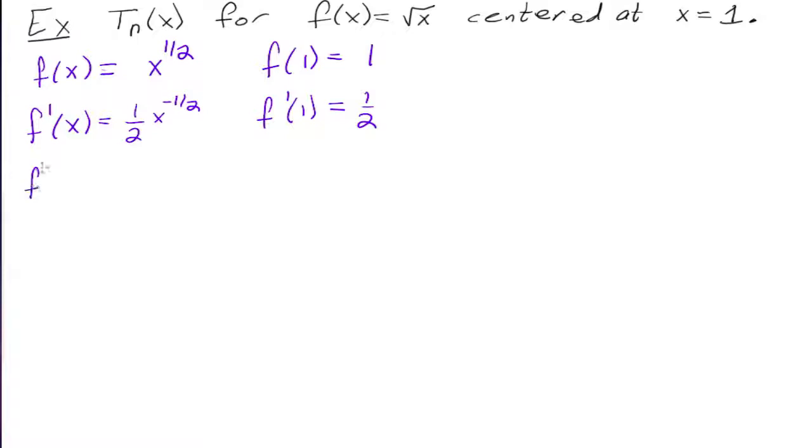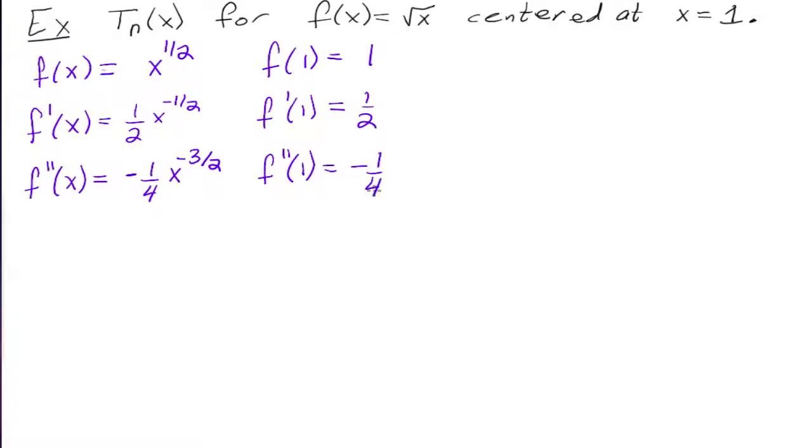Okay. What's the second derivative? Minus 1/4 x to the negative 3/2, right? So the second derivative at 1 is just equal to negative 1/4.